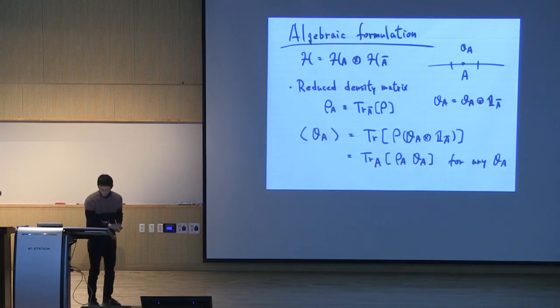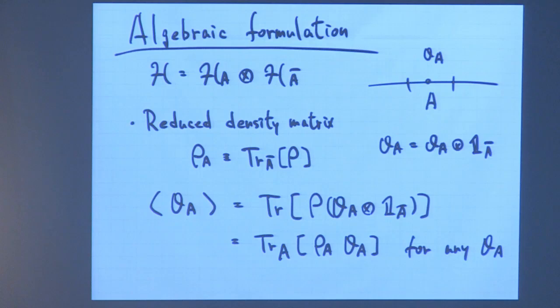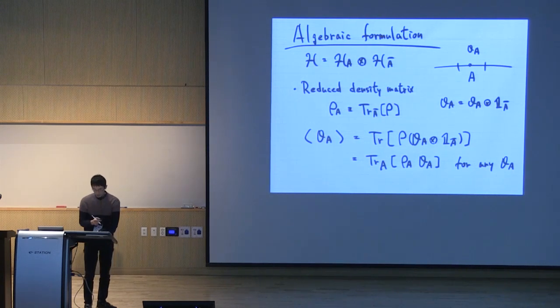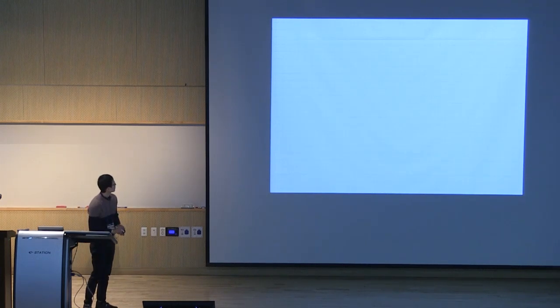This means that if your observation is restricted to the region A, then you do not have to know the information outside A. Basically, you only need all the information in the region A. So rho A contains all the information inside A. Rho A contains complete information as long as you're interested in the subregion.